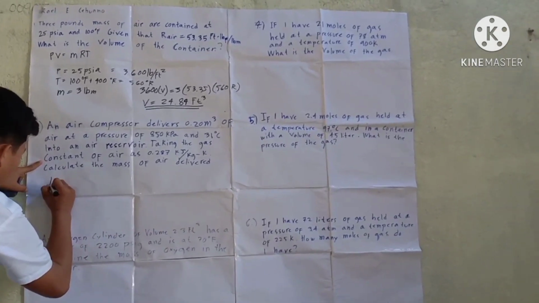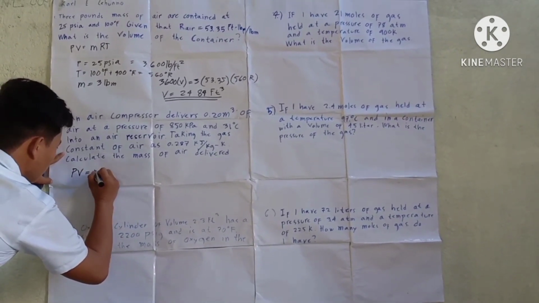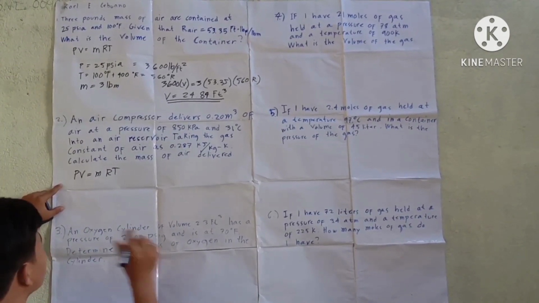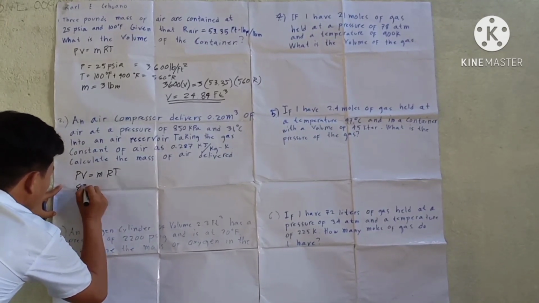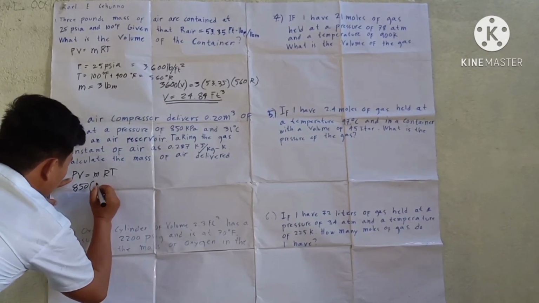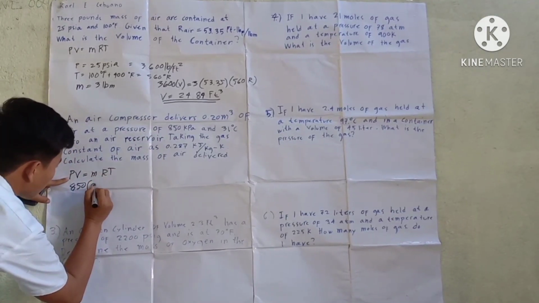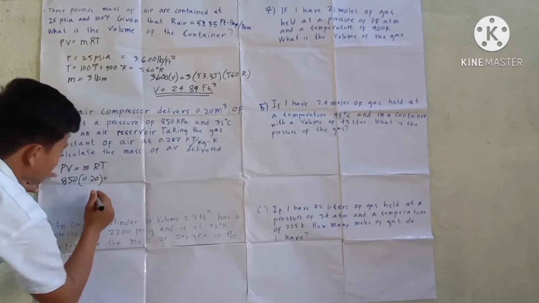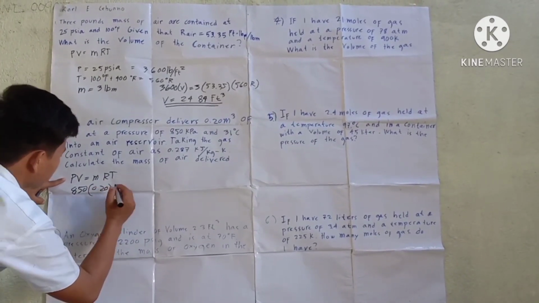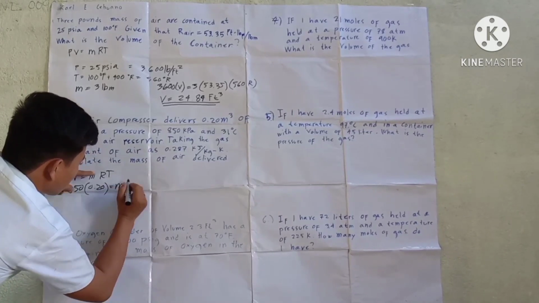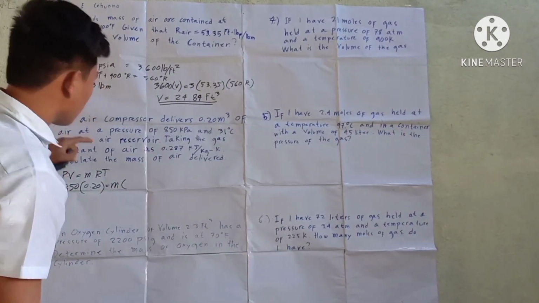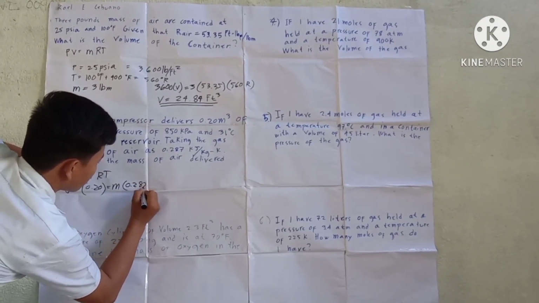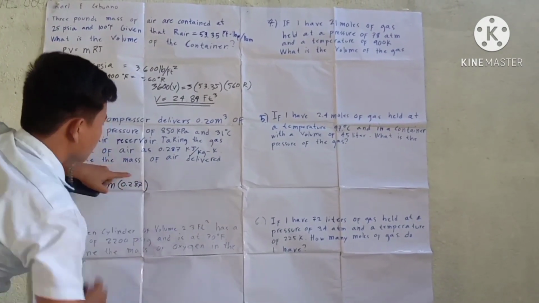So PV equals mRT. So since the pressure is given, 850 kPa times the volume 0.20 meter cube equals the mass, which is missing, so mass times the gas constant of air 0.287 times the temperature.